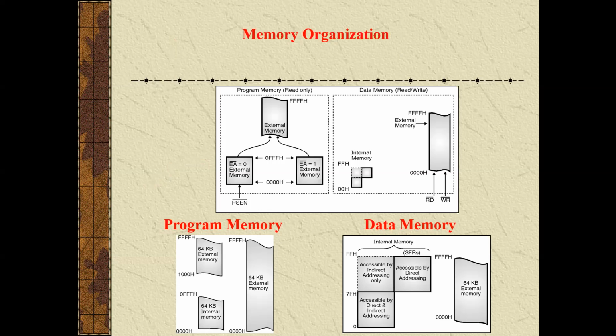Then the program fetches from addresses 0000 to 0FFFH as direct internal memory. If the EA bar pin is connected to high, then this memory is accessed.